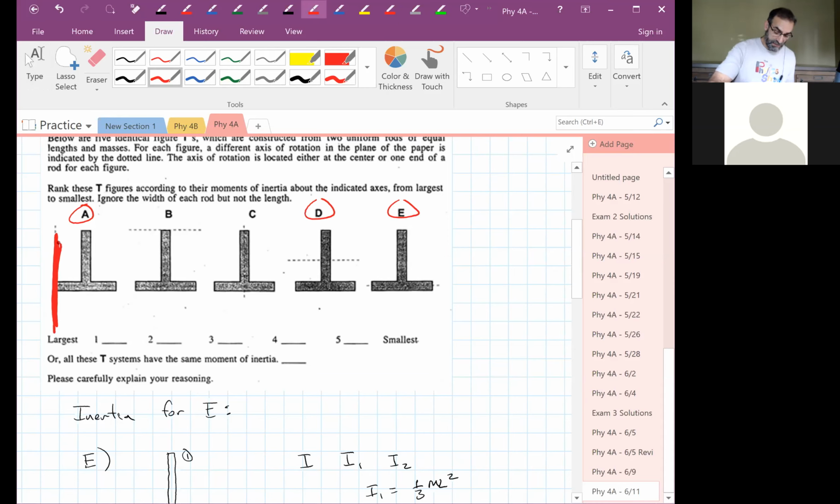Right? There's the axis of rotation. So alpha would have to point which way? Alpha would have to point toward the top of the page.